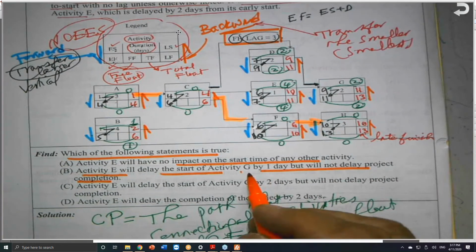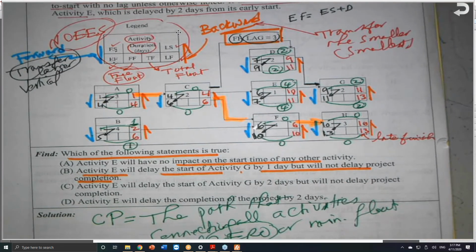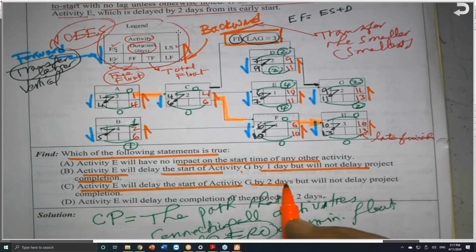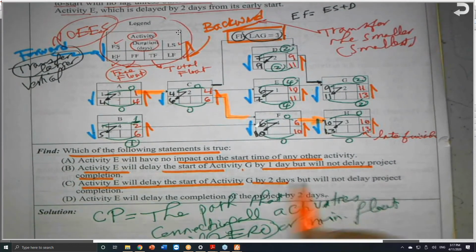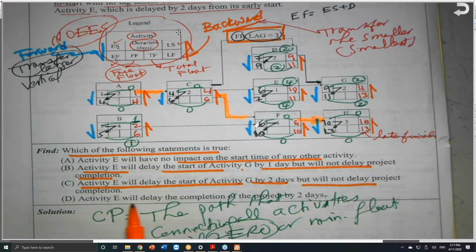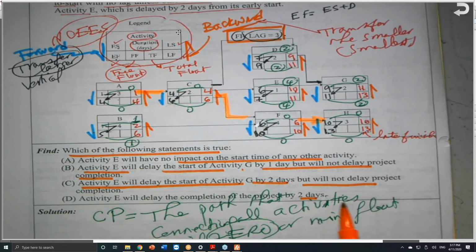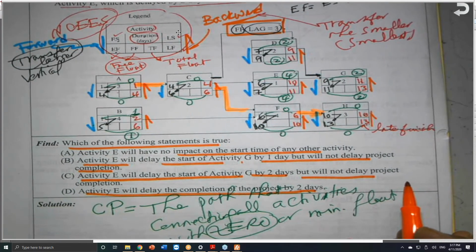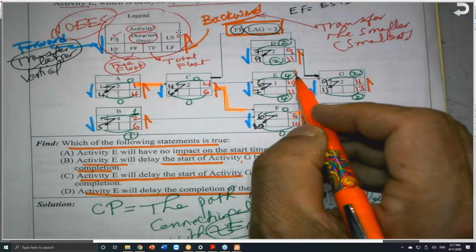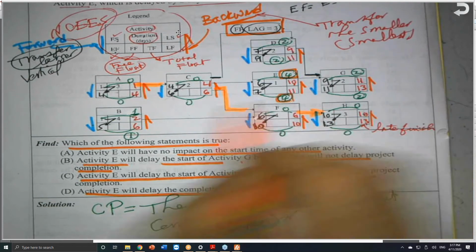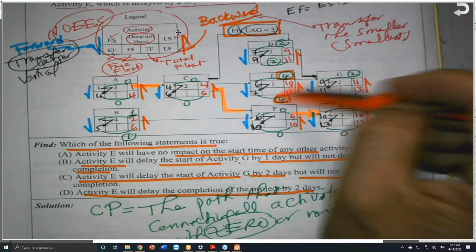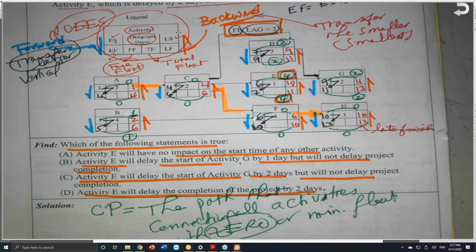Will it delay G by 1 day? No. Activity E will delay the start of activity G by 2 days? No. And activity E will delay the completion of the job by 2 days? No. Activity E has 4 days of total float, so it can be delayed 4 days without affecting anything, without delaying the job.